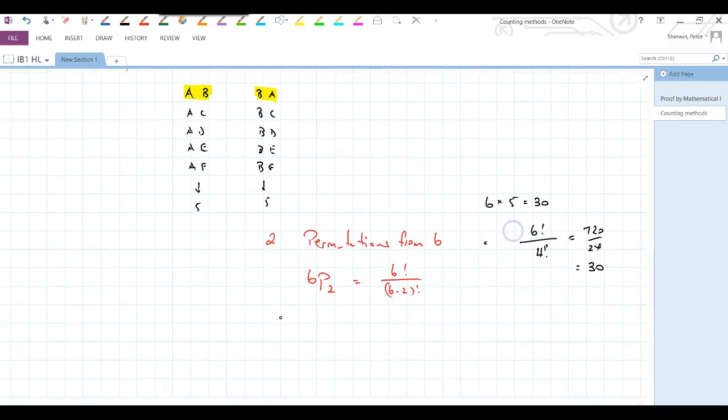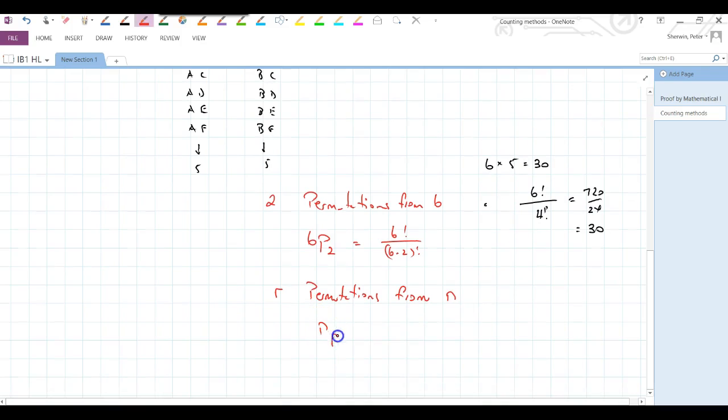More generally, r permutations from n is nPr, where n is the global amount: n factorial over (n minus r) factorial. So that's how we calculate permutations, the number of selections where order is important.